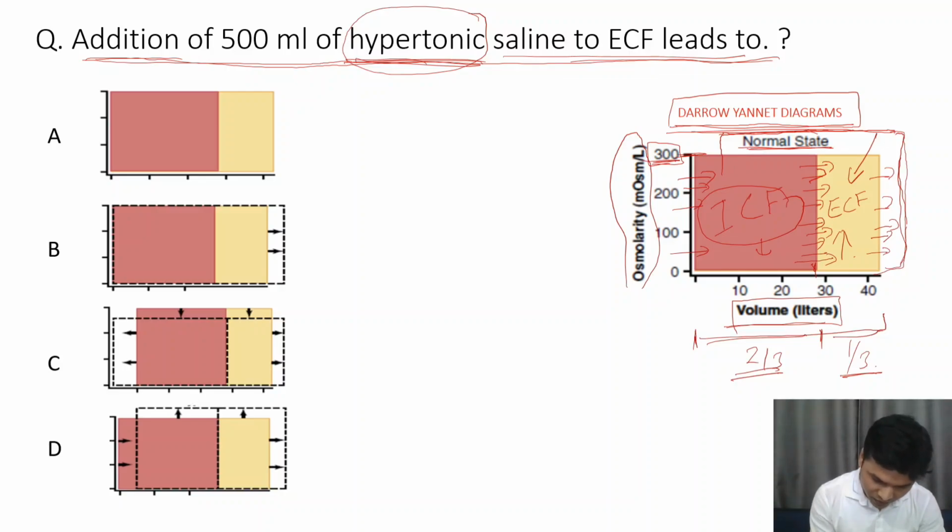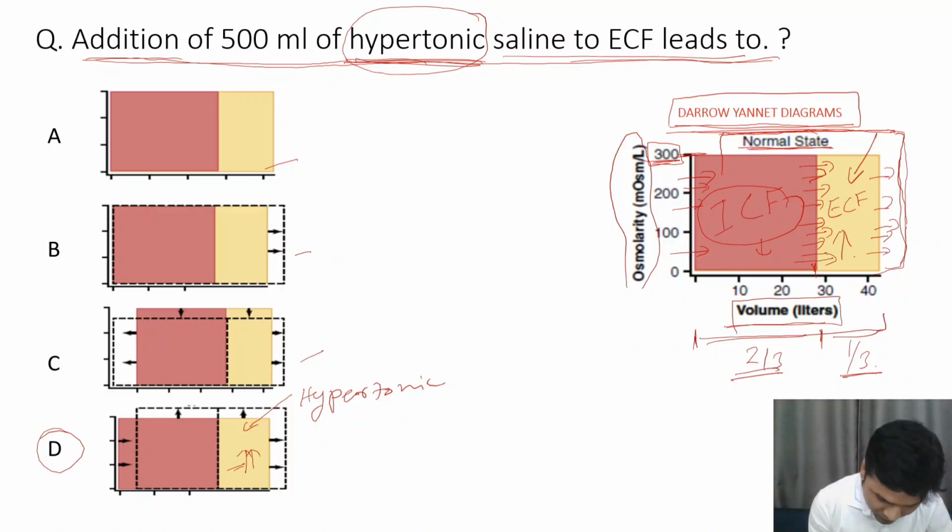So let's see which diagram is going to match this. This is the diagram for hypertonic saline. Here we can easily see: if you are infusing hypertonic saline, volume will increase obviously with 500 ml, and at the same time osmolarity will also increase. That osmolarity will drag some water from the intracellular fluid to the extracellular fluid, so the extracellular volume will increase.